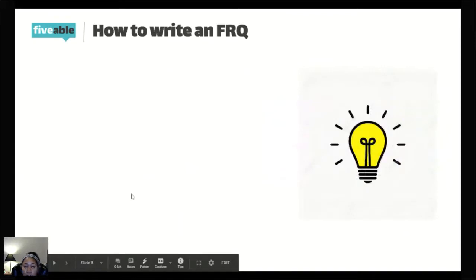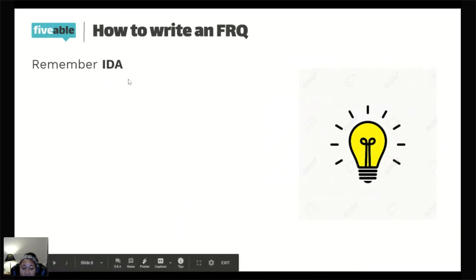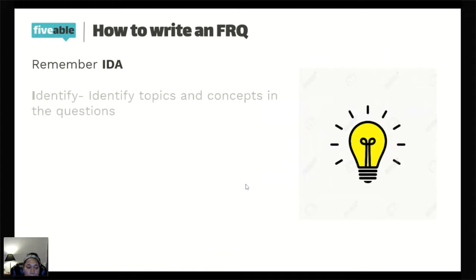Okay, so now we're going to go into how to write an FRQ and the steps to write an amazing FRQ. Here's a little acronym that you can remember: IDA. The I stands for identify, and that means to identify topics and concepts within the question.